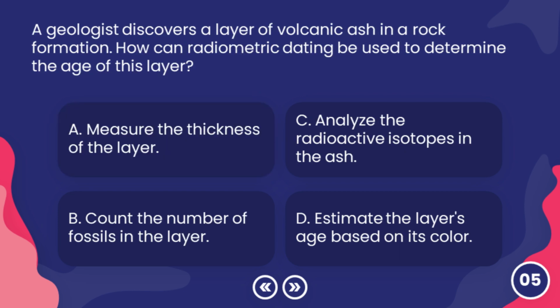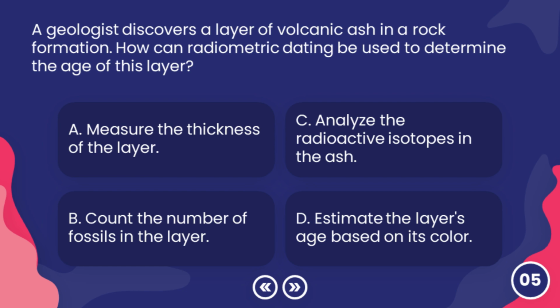Question number 5. A geologist discovers a layer of volcanic ash in a rock formation. How can radiometric dating be used to determine the age of this layer? A. Measure the thickness of the layer. B. Count the number of fossils in the layer. C. Analyze the radioactive isotopes in the ash.